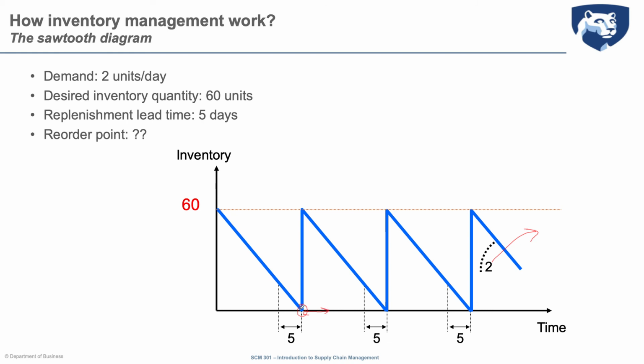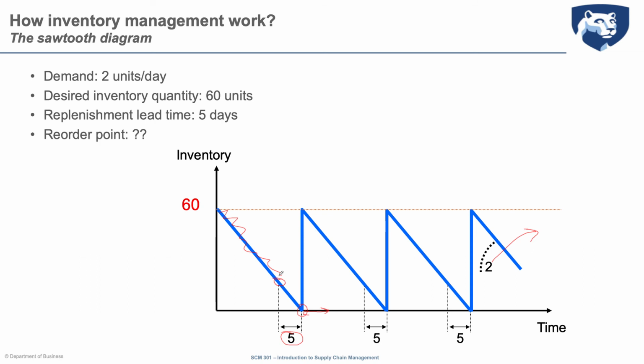So I need to issue the reorder request, at the minimum, when I have enough inventory left to satisfy 5 days of demand, because it's 5 days that my supplier needs to replenish my inventory. So I will consume my inventory and reach the reorder point. How much is the reorder point?